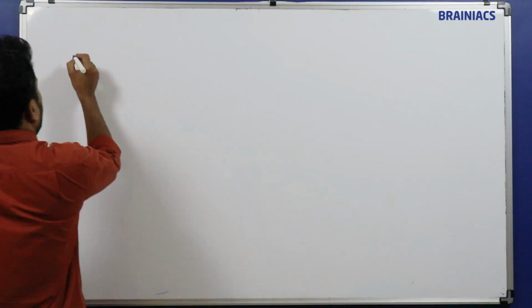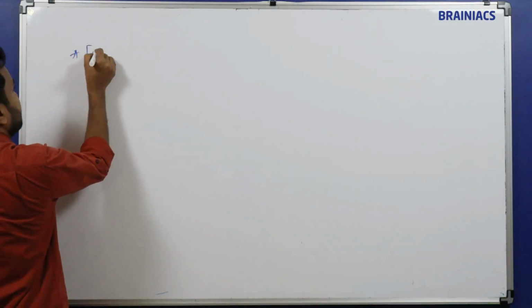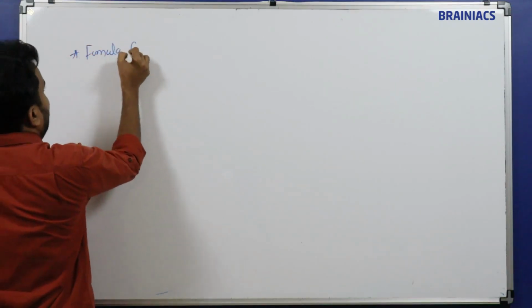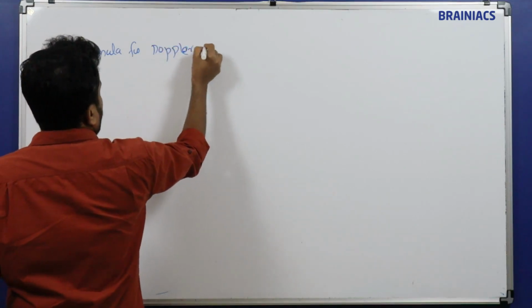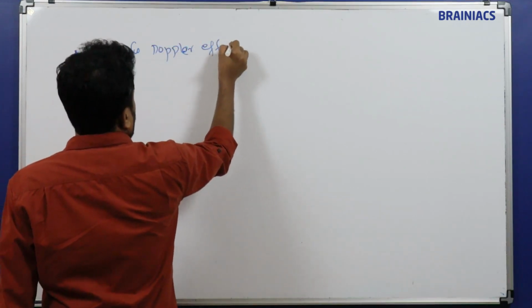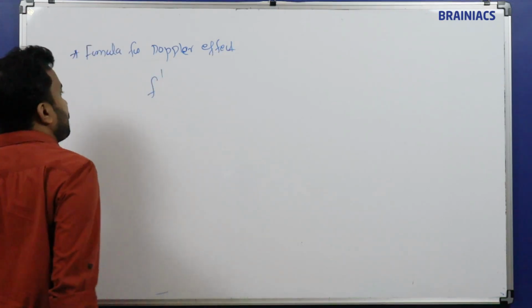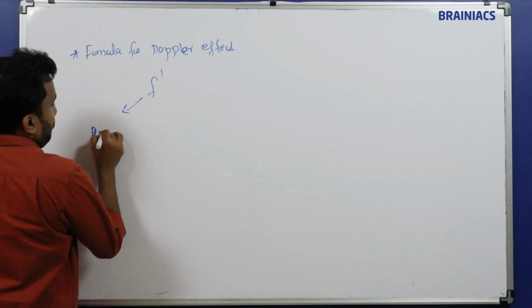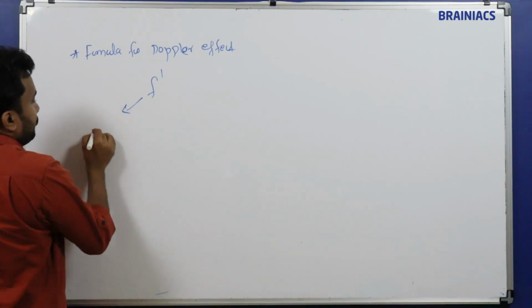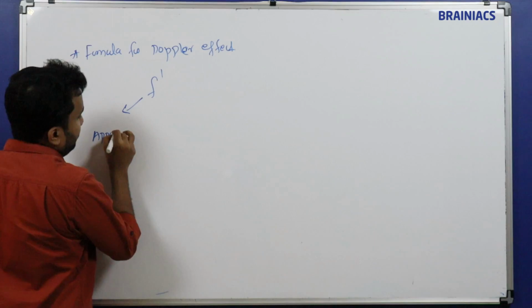So what's the formula? The formula for the Doppler effect. F dash is called the apparent frequency.